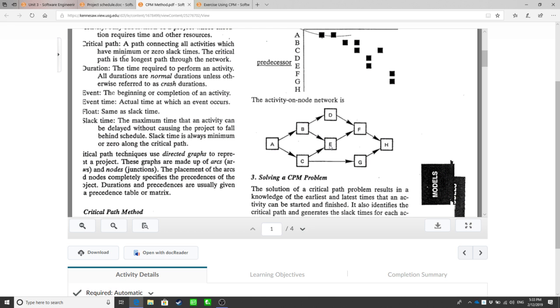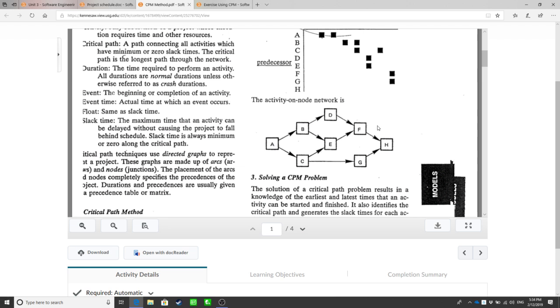What happened after is called successor. So what happened before E is B and C, so B and C are the predecessors of E, and F is the successor of E. And C here has two successors, E and G, and one predecessor, A.